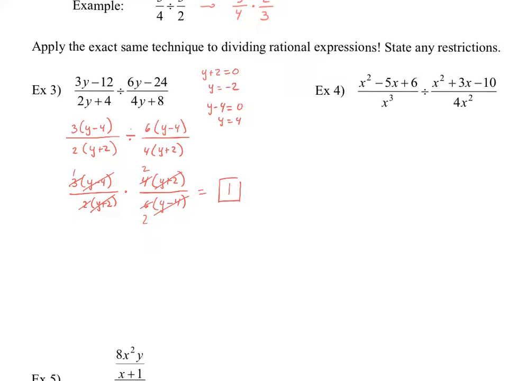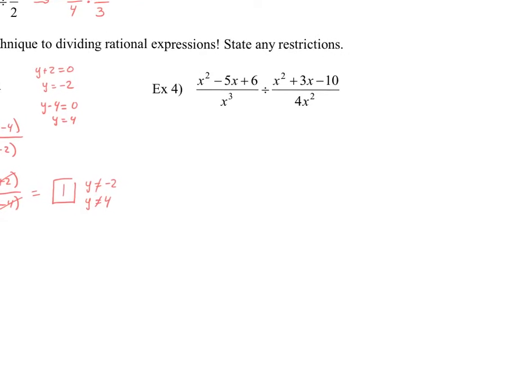And that is with the understanding that y cannot equal negative 2 and y cannot equal 4. So the biggest difference between the division problem and the multiplication problems is we have to identify restrictions twice, essentially, anytime we have a factor in the denominator, and then obviously the keep, change, flip aspect of it.